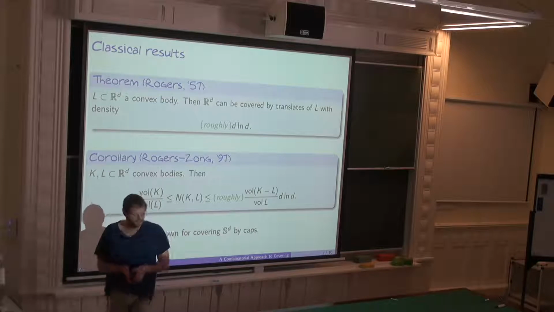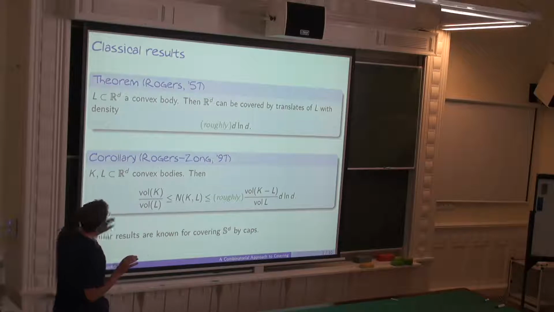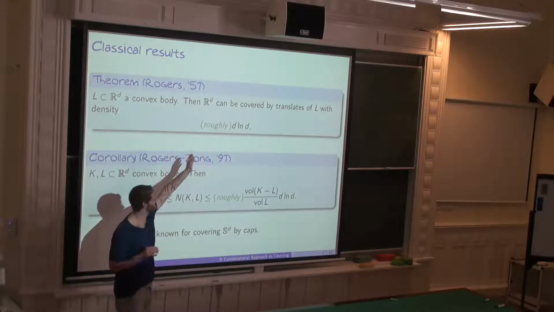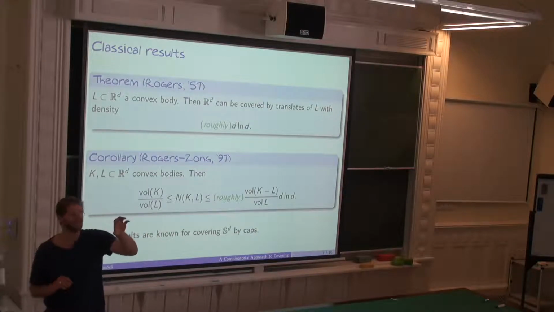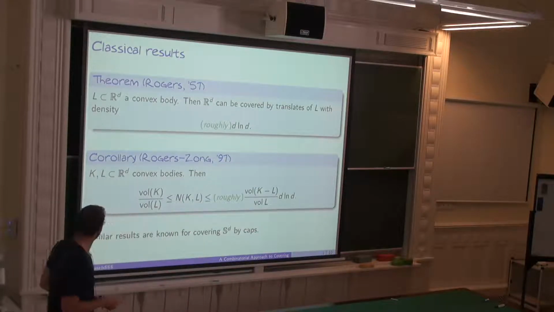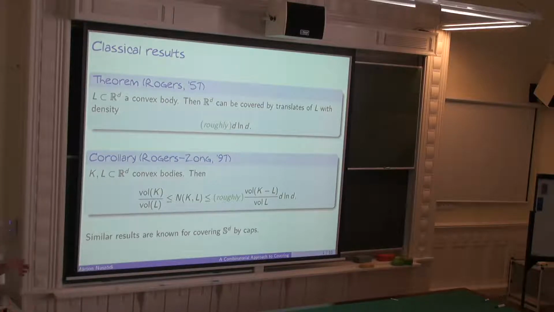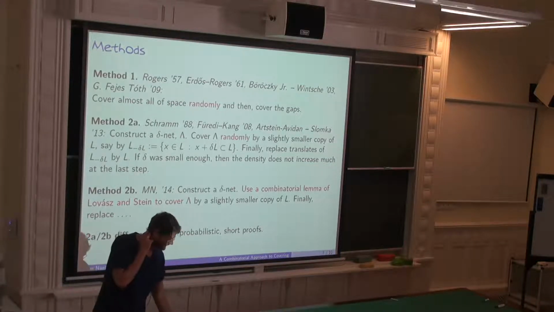You take translates of L that cover the whole space with relatively low density, and then find a good translate of K that doesn't intersect too many of these copies of L, and an averaging argument yields this. There are similar results on the sphere, covering the sphere with caps, and all these results follow a similar pattern.